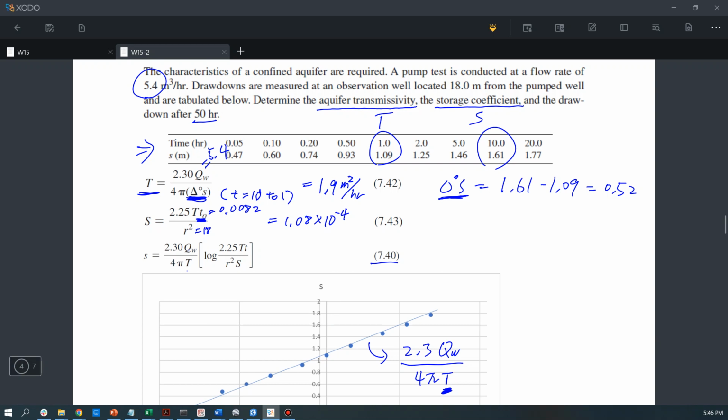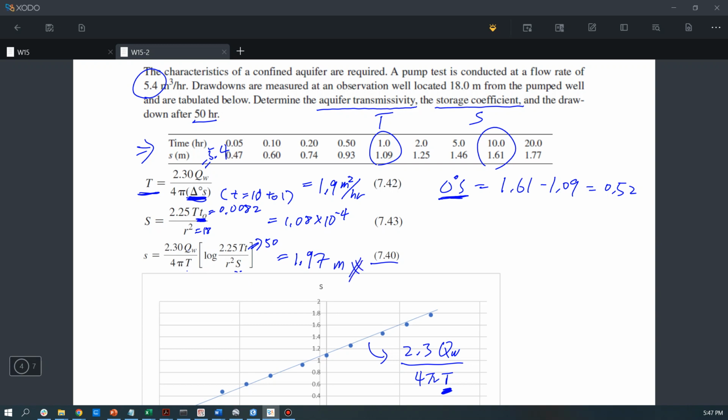And you know the storage coefficient is 1.08 times 10 to the power of negative 4, and this small t is equal to 50 hours. Then by applying this equation, we can get the drawdown is 1.97 meter.